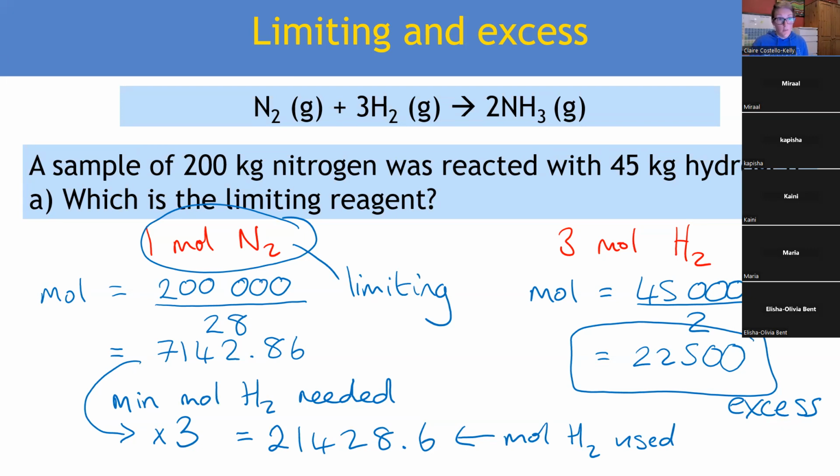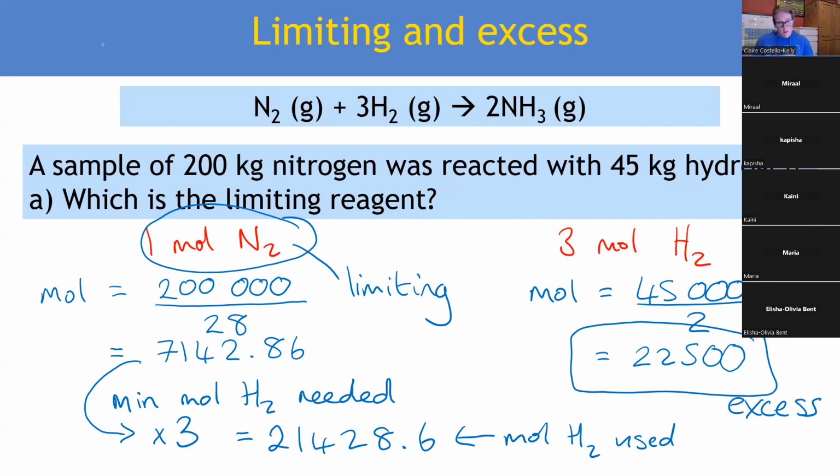If I did it the other way round, I could take my 22,500 of hydrogen and divide that by 3 to work out the minimum amount of nitrogen that I would need, which is 7,500. And I would see that I don't have 7,500, I have less than that. And so it still gives me the same result, that nitrogen is the one that there's not enough of, and that hydrogen is the one that there's more than enough of.